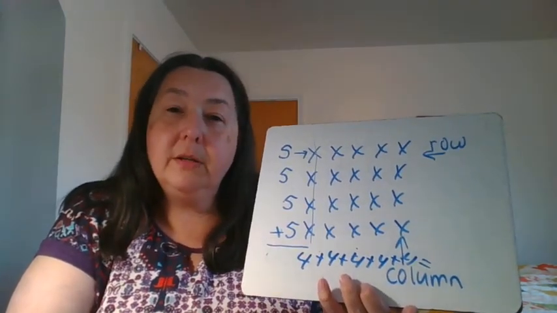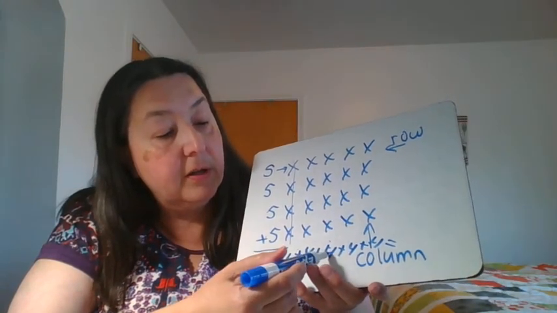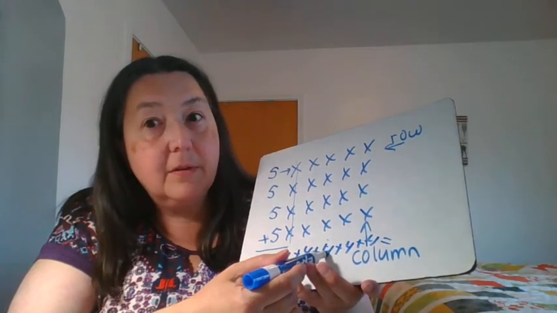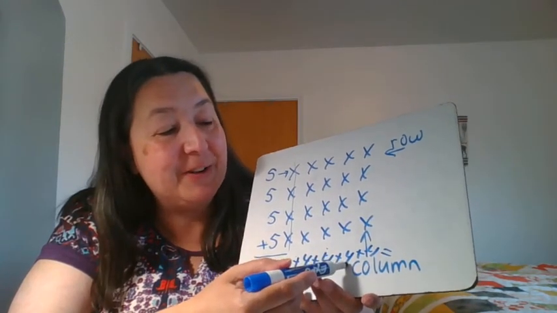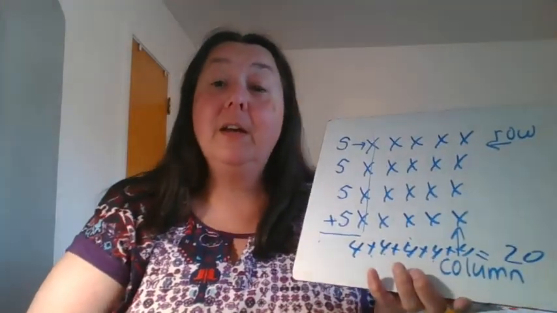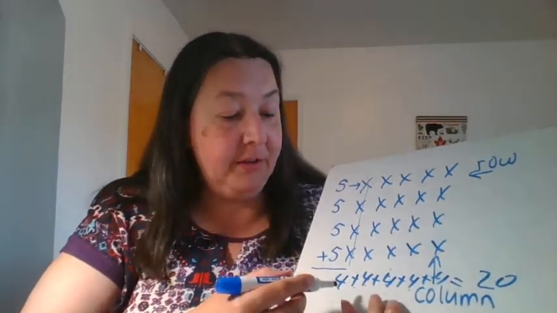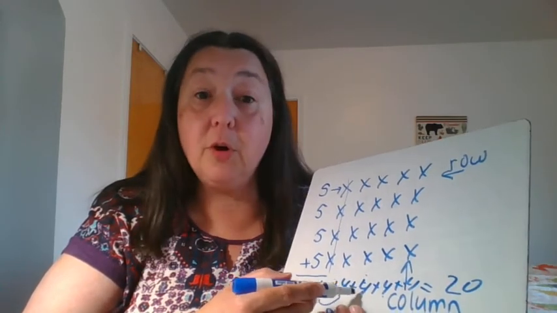Can I skip count that? I think I could. 4, 8, 12, 16. I forgot my count bys. 16, 20. So the answer is 20. If you can't count like that, you can count them like 4 plus 4 is 8. 8 plus 4, you can count up like that.